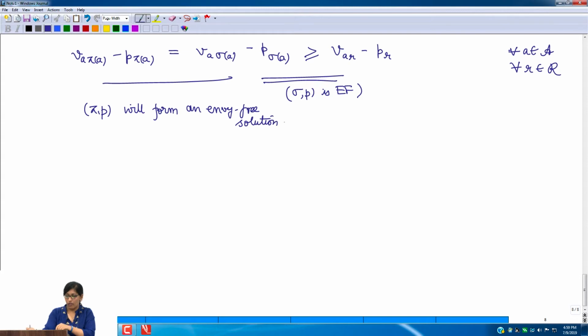So in particular, what is happening is, give me any max weight perfect matching of the valuation graph GQ, which is, let's say, pi. I can couple it with a price vector such that it will indeed form an NV free solution, right?